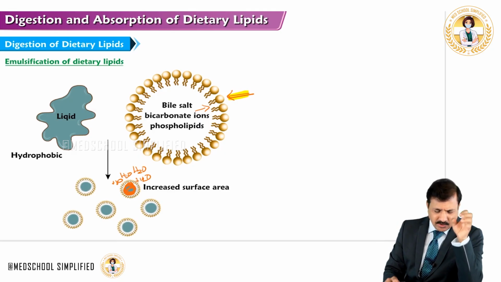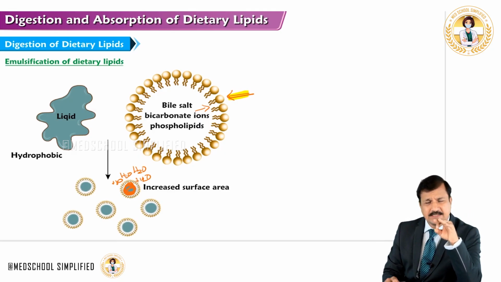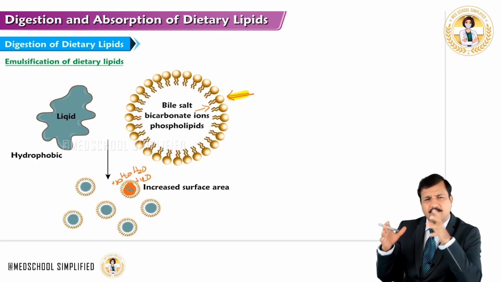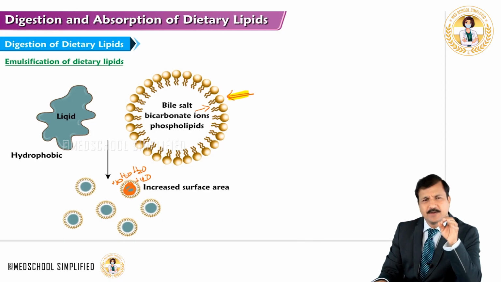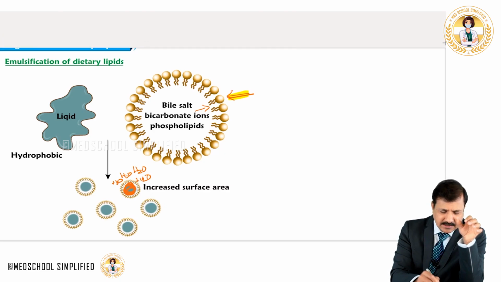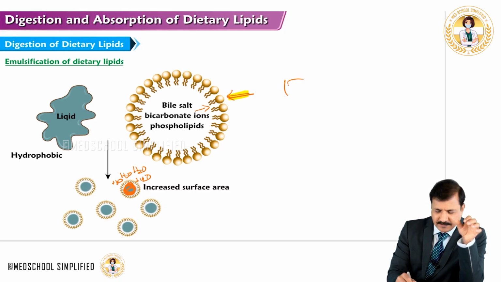That is the purpose of having bile acids and normal intestinal contractions to break the large lipid molecule into simple lipid droplets, which we refer to as micelles. This entire process we call emulsification.